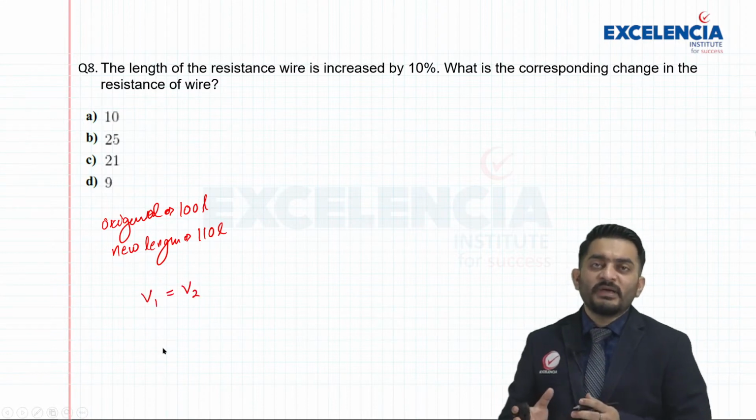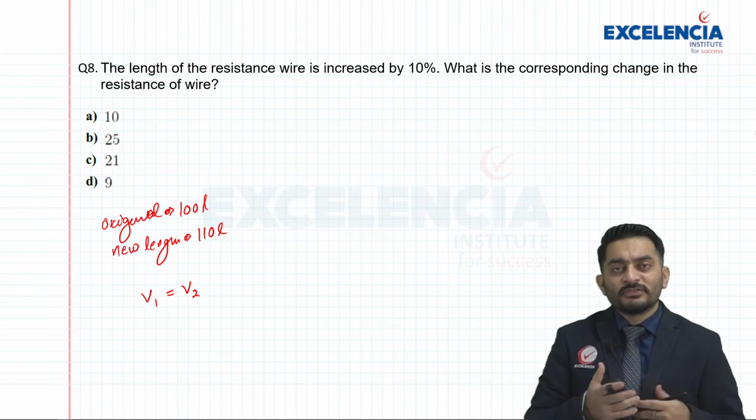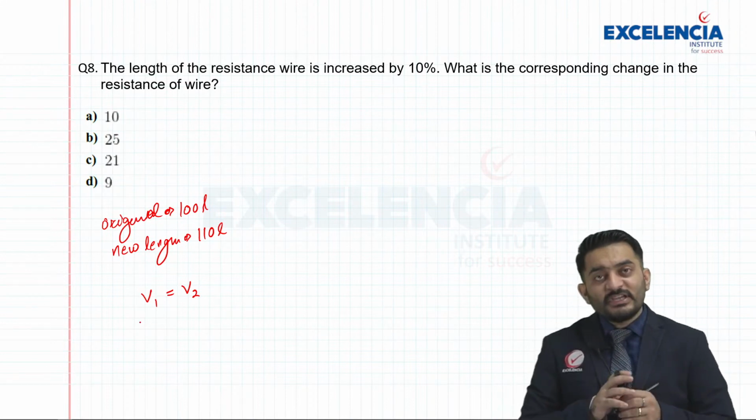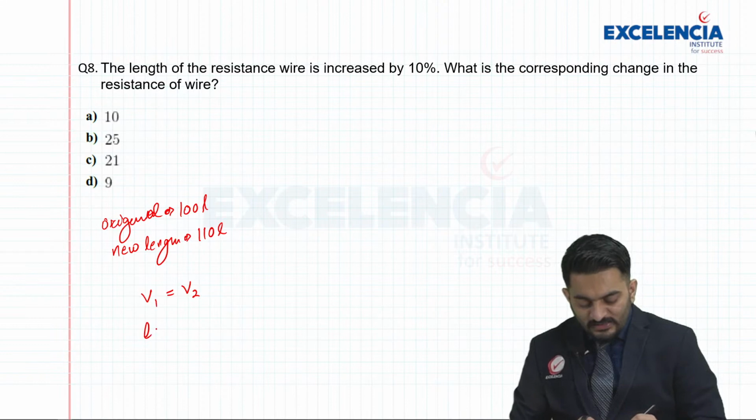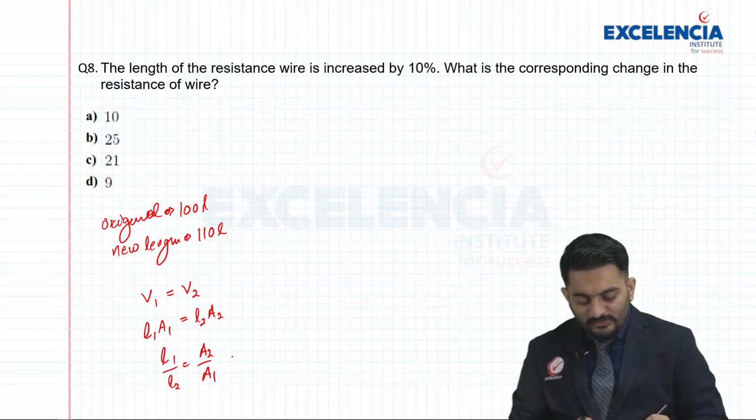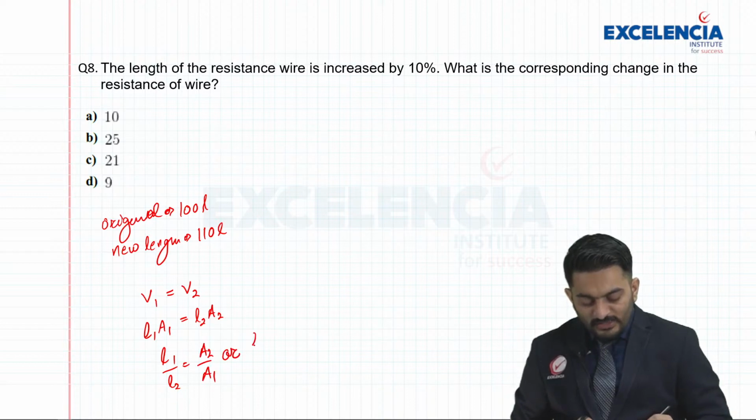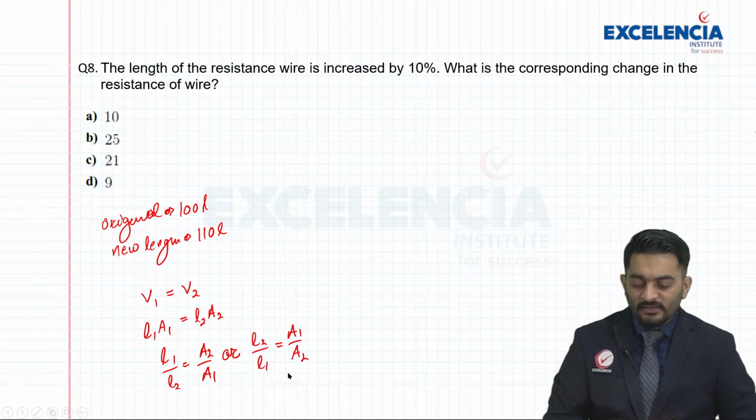Whatever your initial volume is, the final volume will also remain the same, and volume can be written as length multiplied by area. So I am writing L1 A1 = L2 A2, from where you can write a relation that L1 by L2 equals A2 by A1, or you can also write L2 by L1 equals A1 by A2, the reciprocal, both are the same thing.